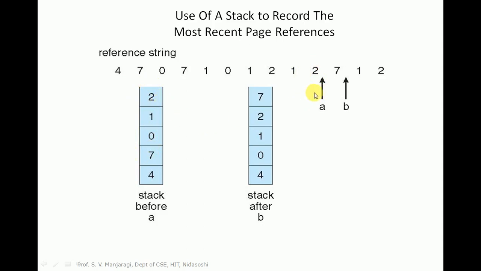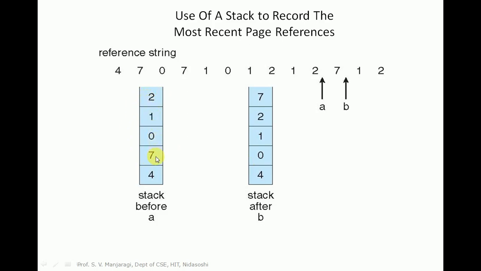After referencing 7, 7 will be moved to the top of the stack. 7 is actually here, it will be removed from this location and moved to the top of the stack. So moving element 7 from this location to the top will be expensive, because we have to move this element to the top of the stack.